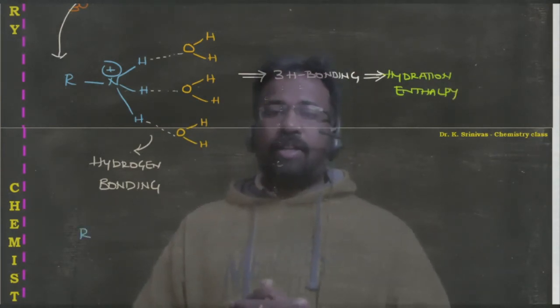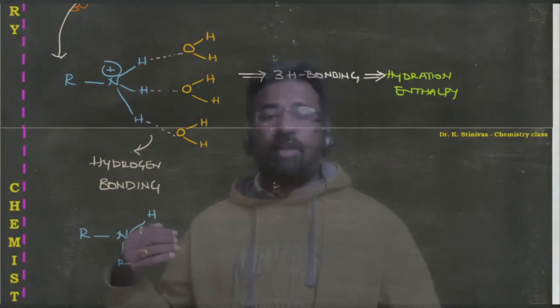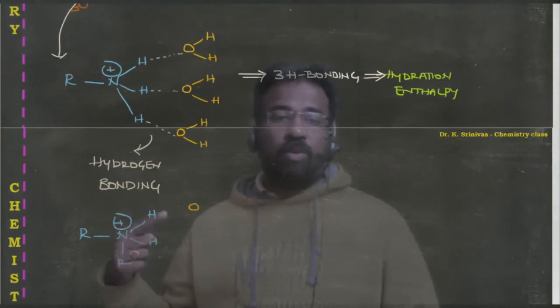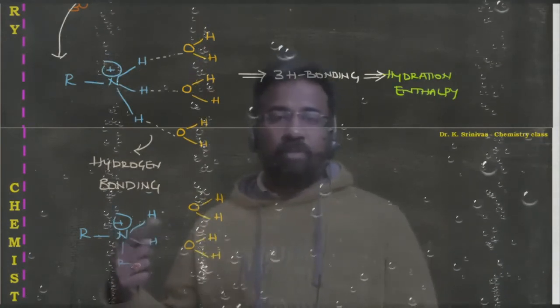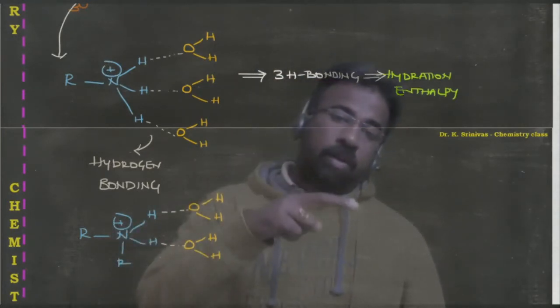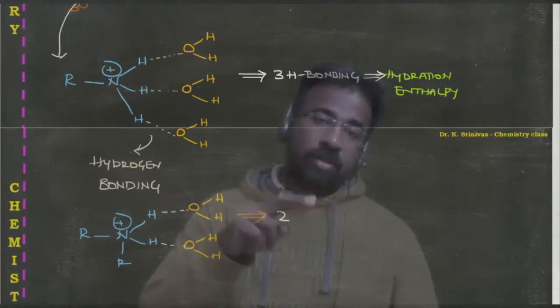Now, similarly, we are discussing the secondary amine. In this case, we have two hydrogens which are participating in hydrogen bonding. So two hydrogen bonds are formed here. Therefore, the amount of energy released is known as what?